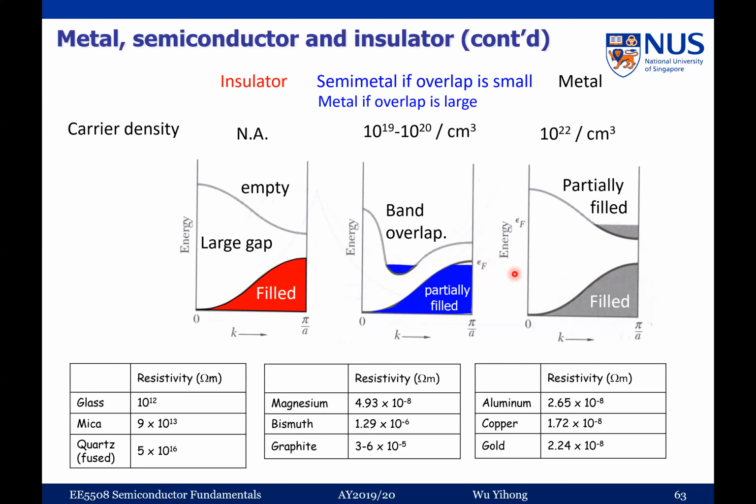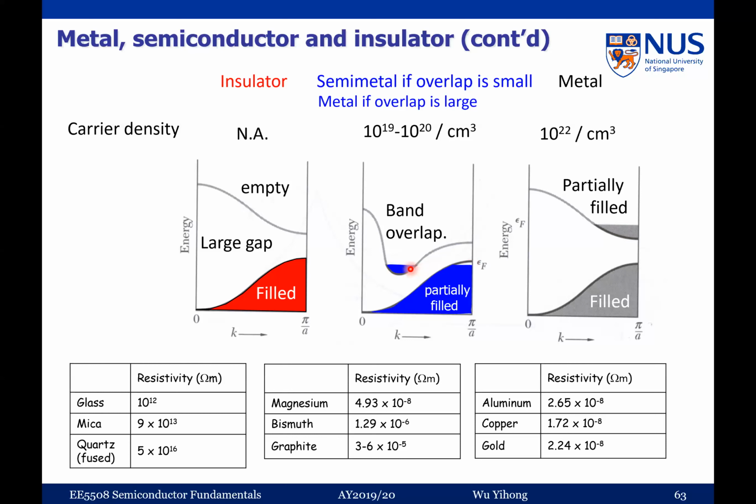So this means when you apply an electric field, both are able to move. However, typically electrons in this region will be scattered more easily compared to this one. And of course, electrons can also be scattered between these two energy bands.